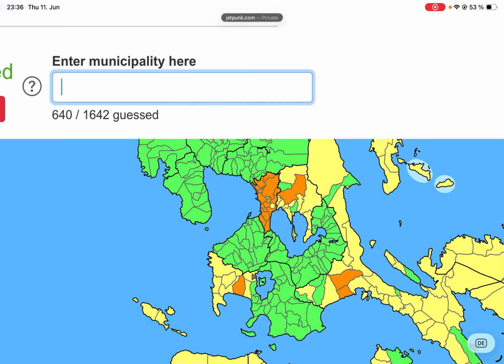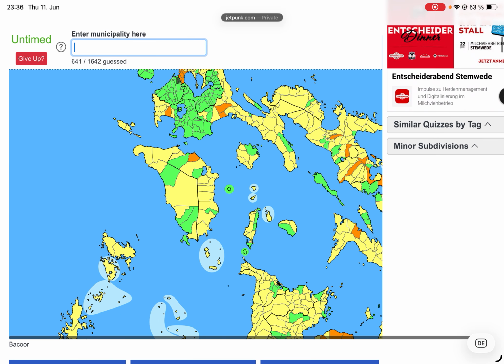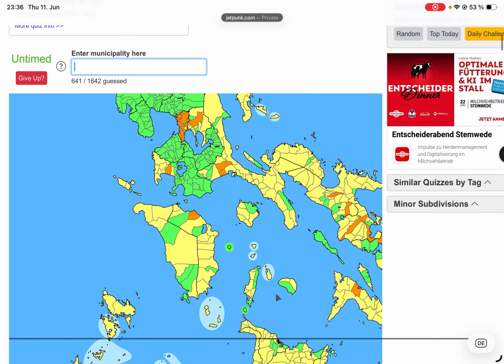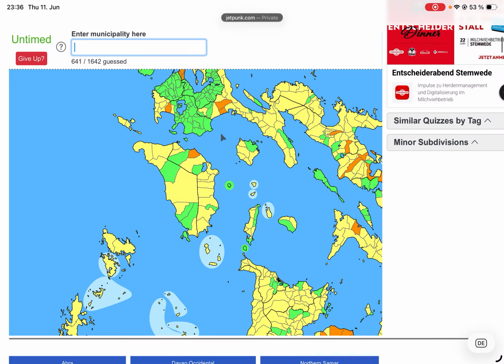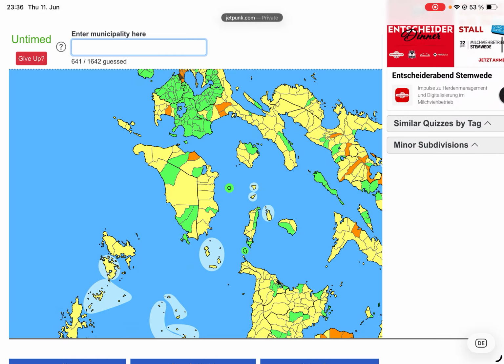Now, this municipality here is interesting. It's called Laurel, and it's the only municipality named after the infamous president Jose Laurel. That was the 3rd president of the Republic of the Philippines, and he became president during the Second World War, when there was a Japanese occupation of most of the Philippines. I think it was like from 1944 to 1945 or 46. And that's when Jose Laurel became president.